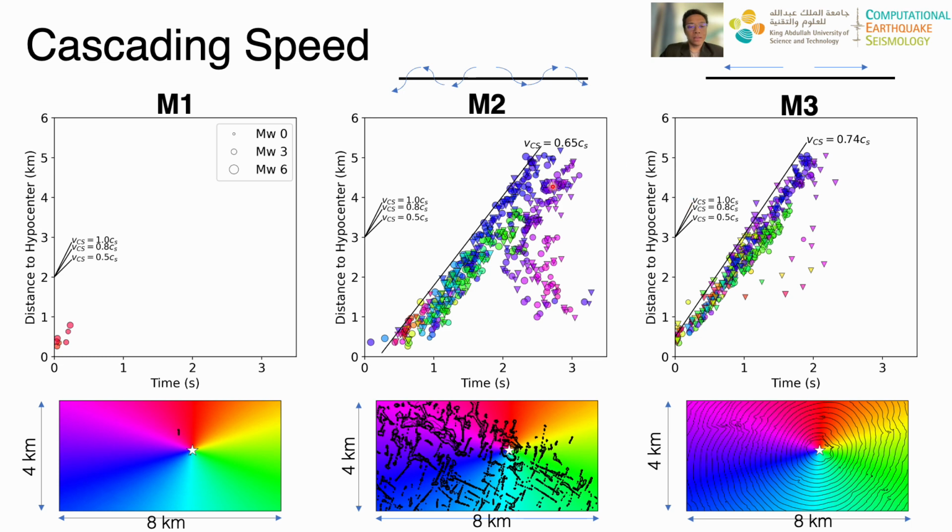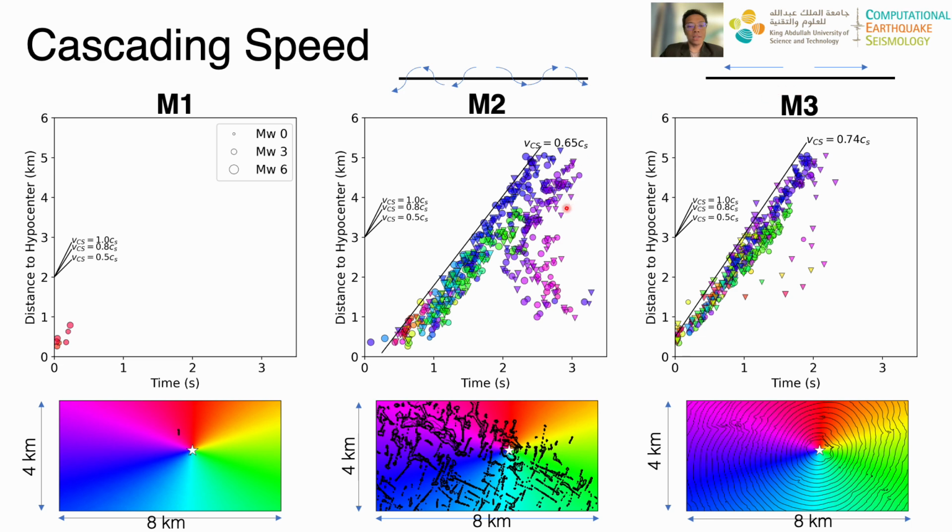Now, if one sees the cascading speed, model number 2 has a lower cascading speed than model number 3. The cascading speed of model 3 is similar to the overall average rupture speed calculated from the fault size over the rupture time.